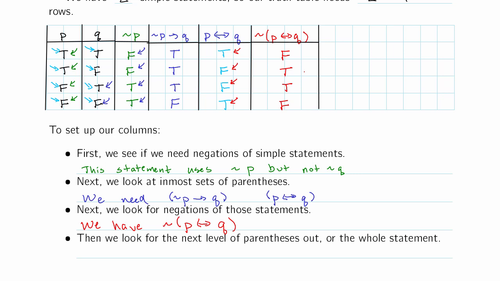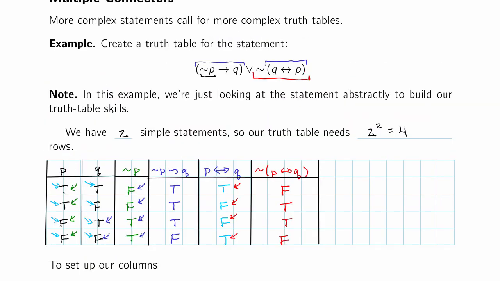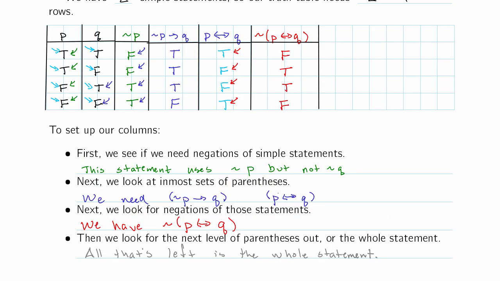Well, if we have parentheses inside parentheses, after we've finished all the negations, we go out a layer. In this case, we've symbolized all of the pieces now. All that's left is the whole statement. So we'll have the whole statement. And this is very long.